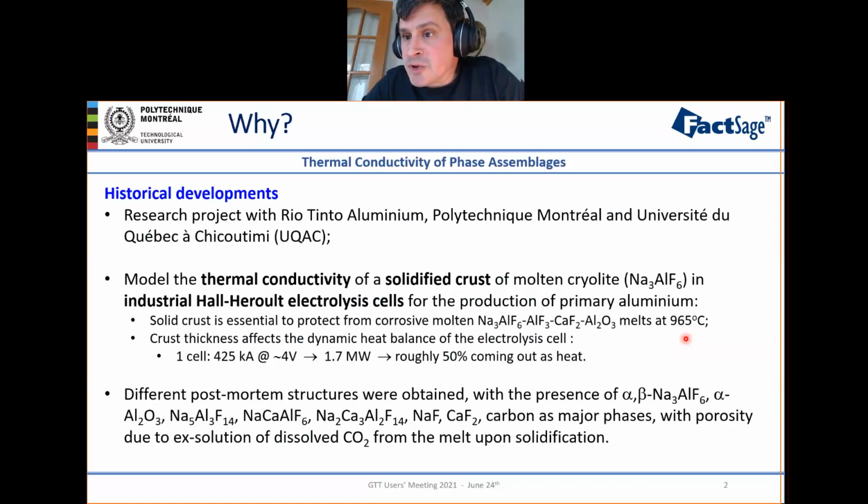Different postmortem structures show that this solid crust is made of several different phases, mostly fluorides, but also some oxides of alumina, corundum, beta alumina, gamma alumina, and some carbon, and it sometimes contains quite a lot of porosity due to the presence of CO2 dissolved in the electrolyte.